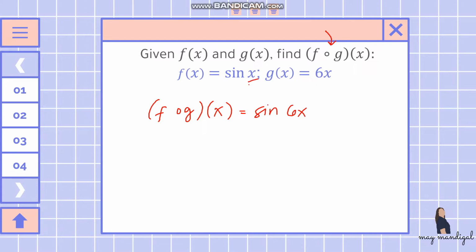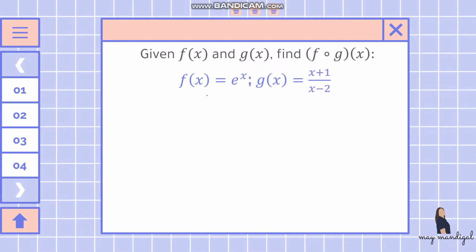Instead of writing x, we now substitute g of x into our function. Again, imagine we have the two functions, sine of x and 6x, and we put the 6x into our sine of x. That's why it becomes sine of 6x. So that's an example of a composition of functions.